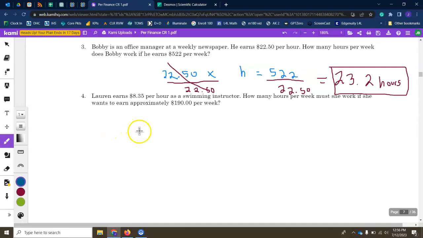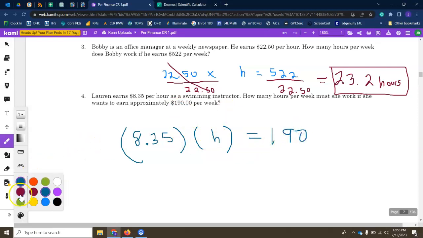So again, we have a situation where they tell us one piece of the equation, hours worked and pay, in this case hourly pay, and of course we're multiplying. I'm going to turn this into an H. Another way that we show multiplication is using these parentheses. And they're giving us the end result. We want the end result to be $190. We're going to follow the same format.